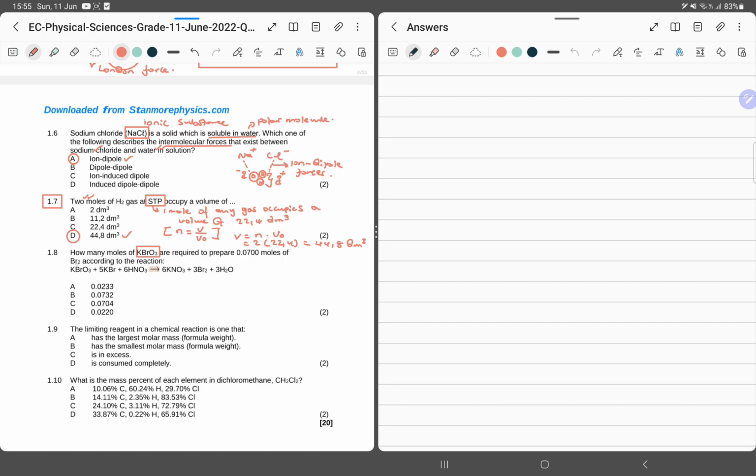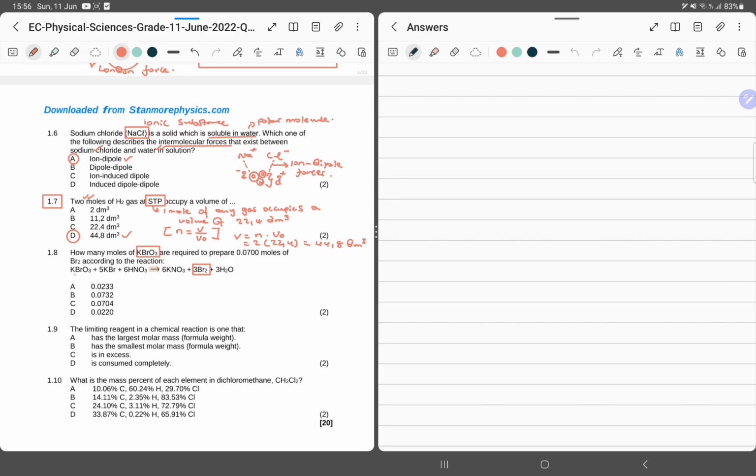So we can see a potassium bromate reacts with 5 moles of potassium bromide plus 6 moles of nitric acid. This produces 6 moles of potassium nitrate plus 3 moles of bromine, which is what we're interested in, plus 3 moles of water.